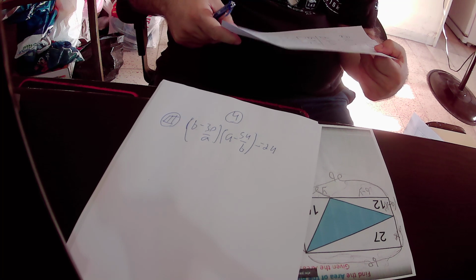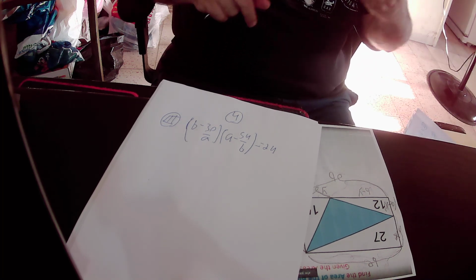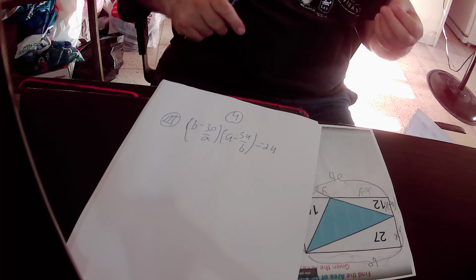So we got that b minus 30 over a times a minus 54 over b equals 24.